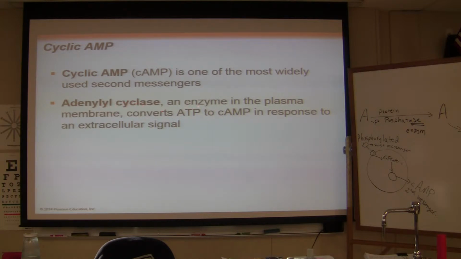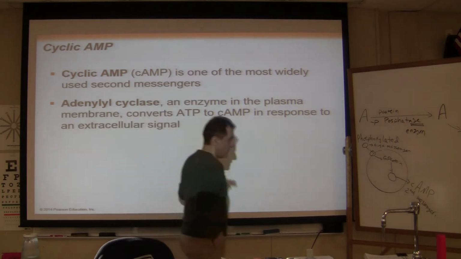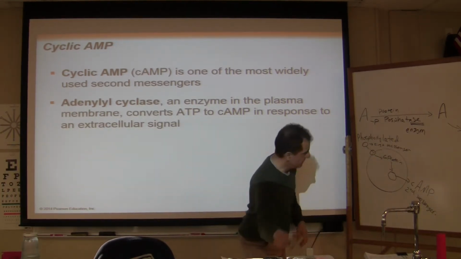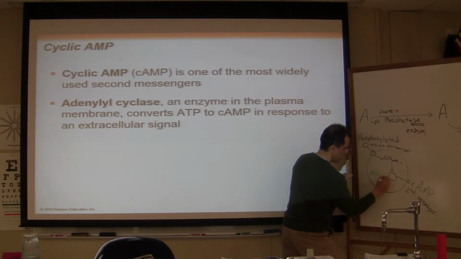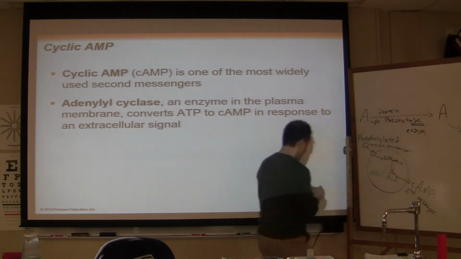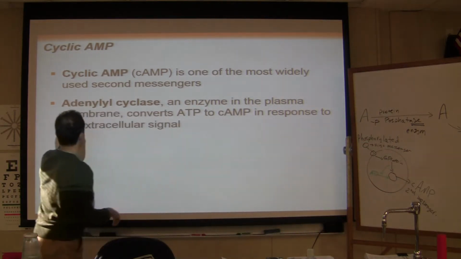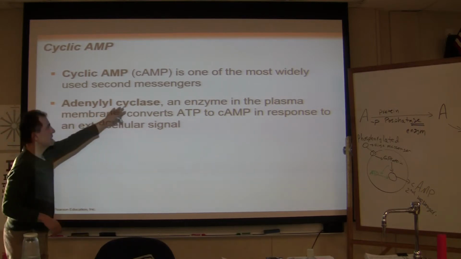Adenylate cyclase, an enzyme in the plasma membrane, will convert ATP to cyclic AMP in response to extracellular signals. So what happens? ATP here can become cyclic AMP, of course, with the help of that enzyme, adenylate cyclase.